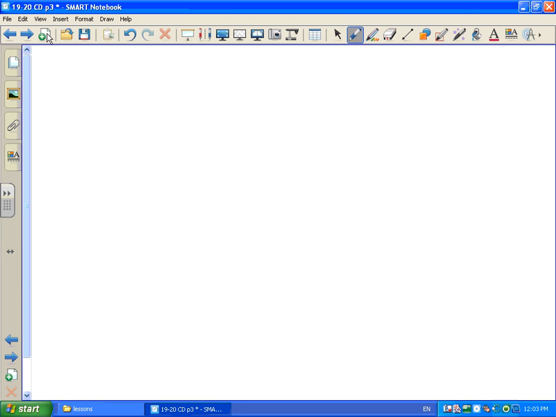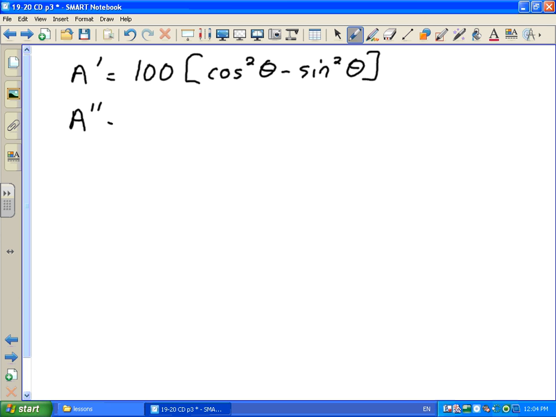So our first derivative was 100 times cos squared theta minus sine squared theta, again in square brackets. Let's take our second derivative, which is going to be 100 times, if we do the derivative of cos squared theta, we have to bring down the 2.